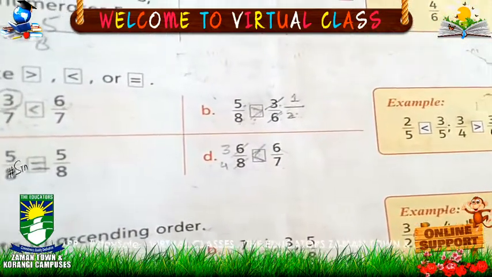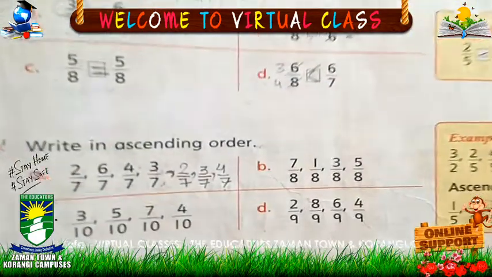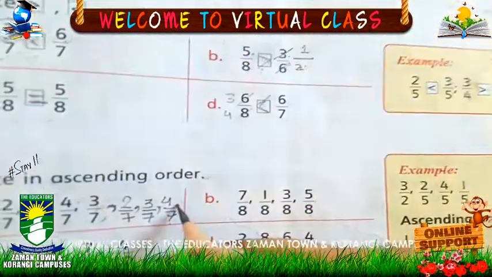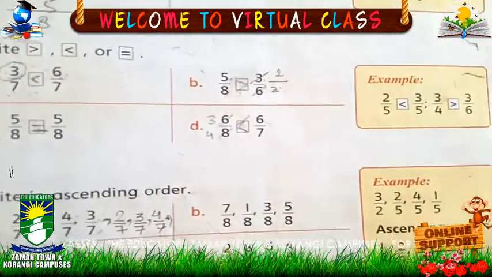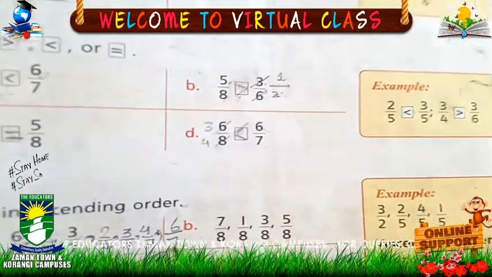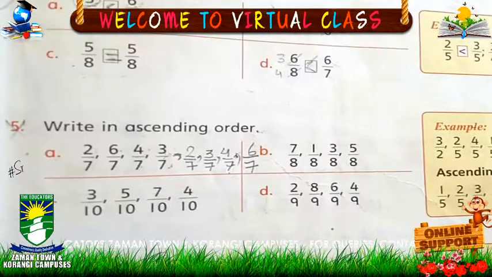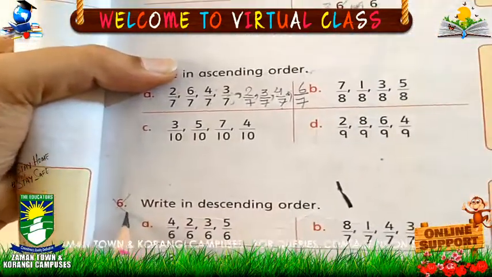So on the third place you will write the fraction 4/7. And on the fourth place you will end up with the highest fraction, which is 6/7. Now come towards question number 6.